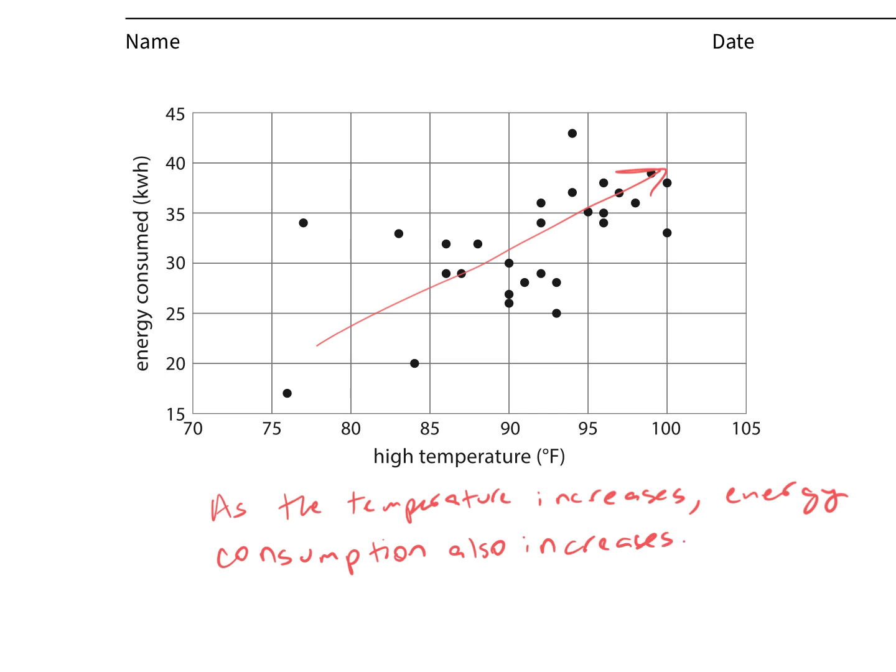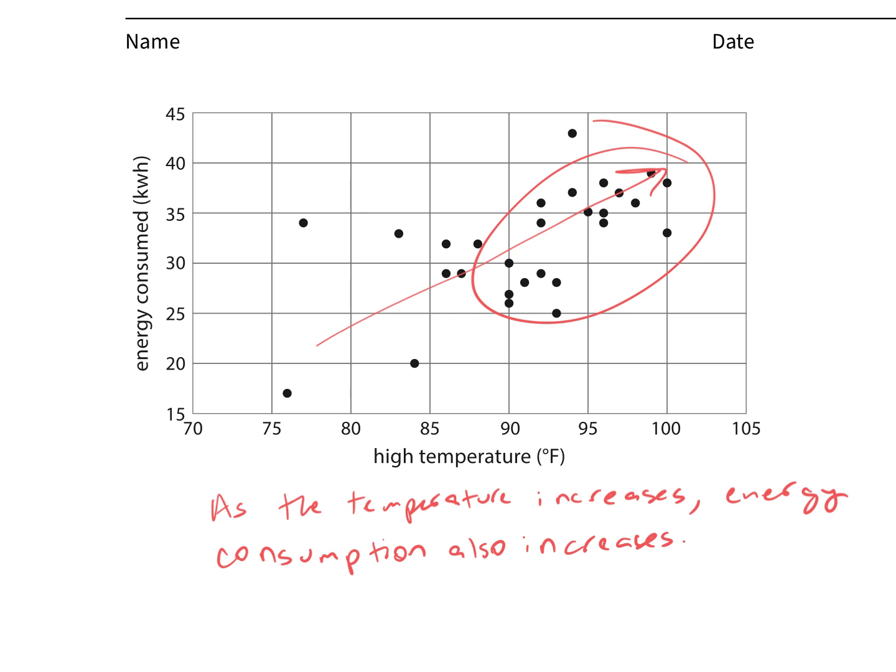Now, this one's also not very surprising, because as it gets more hot outside, we're going to be running our air conditioning more. So especially in this area right here, you're definitely going to want to have the air conditioning on.